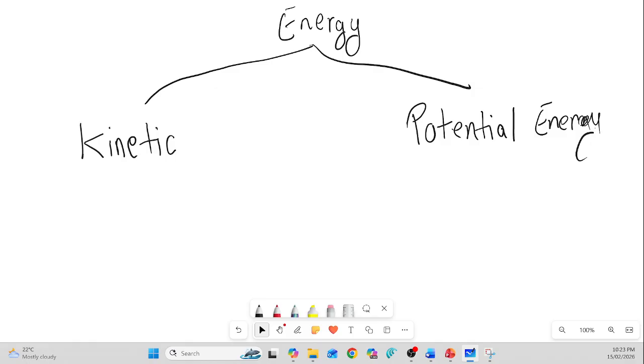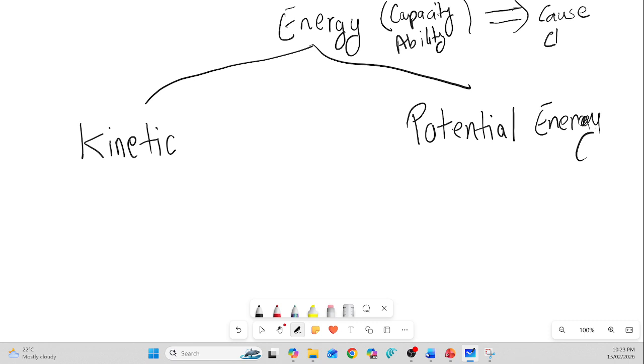So if you have to define it, it's like a capacity, or let's say an ability of an object to cause change, or make things happen. That property of the object, that ability of an object to cause change, is called energy.